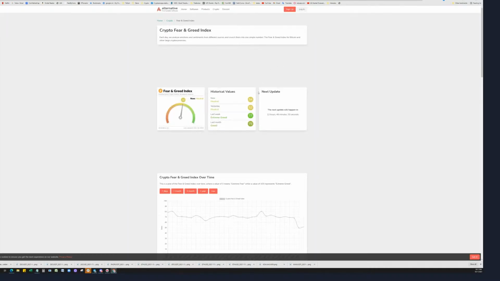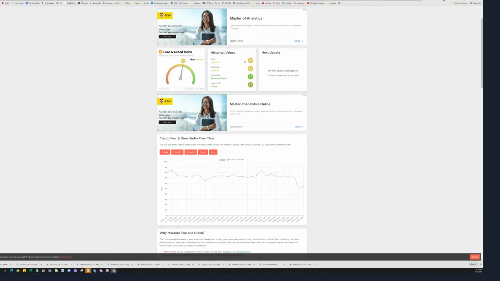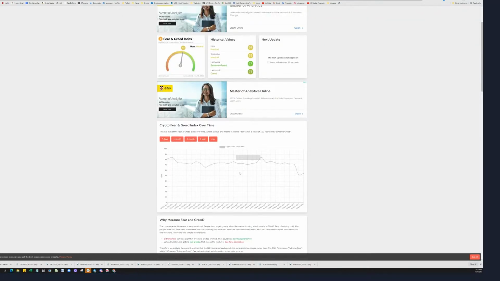So first thing I want to look at in the past. So what we have is neutral, which is not bad. Today's neutral in the fear factor. And you can see in the last week it was extremely greedy. So we had to come back. Yesterday it dropped to 52, and now we're slightly at 54, and that's because some coins have made some moves.